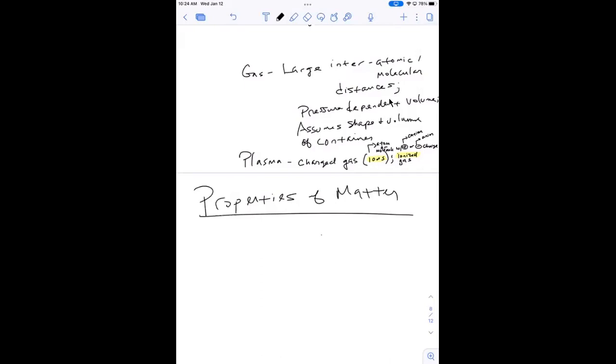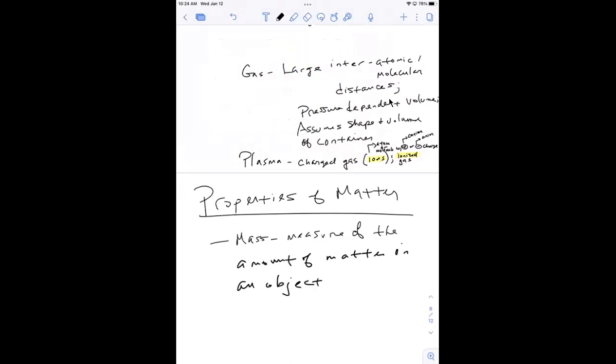It could be a penny, it could be an electron, there's a difference in mass, which is a measure of the amount of matter in an object. And then the weight, which is different. Weight takes gravity into account.